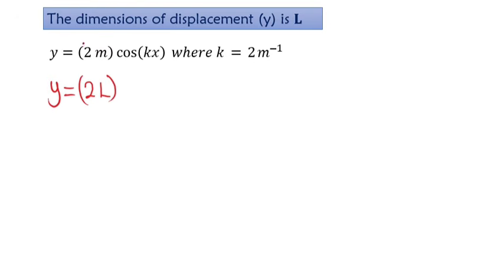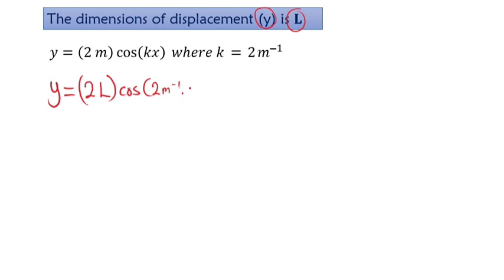y and x are both representing displacement. That's why we're saying that the dimension of y is L, because displacement, just like distance, is measured in meters and has the dimension L. Now we have the k here. Remember, k is 2 m⁻¹.